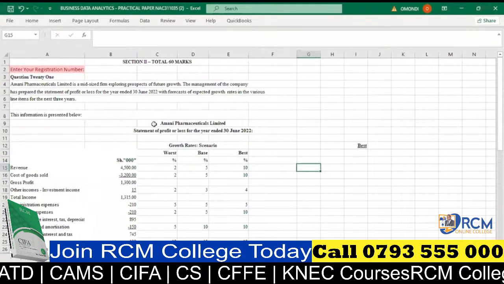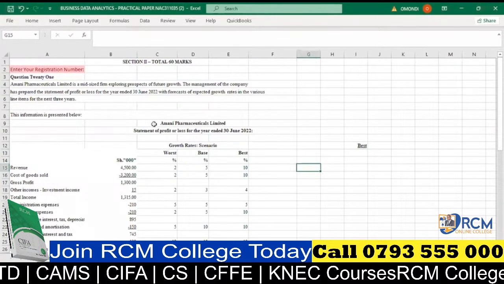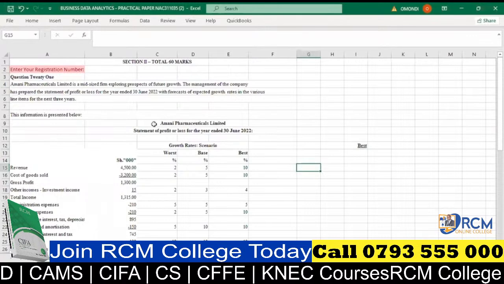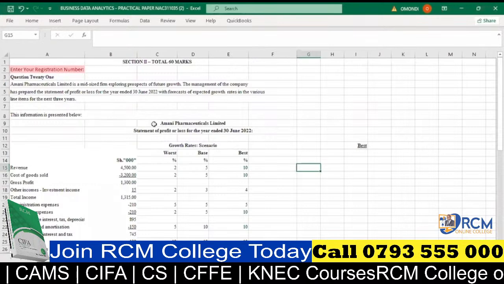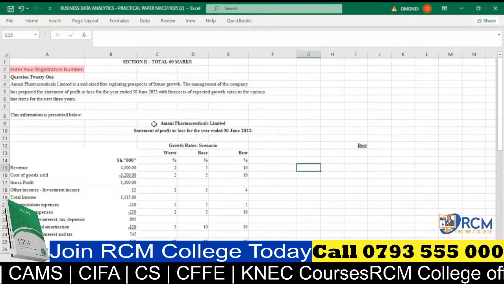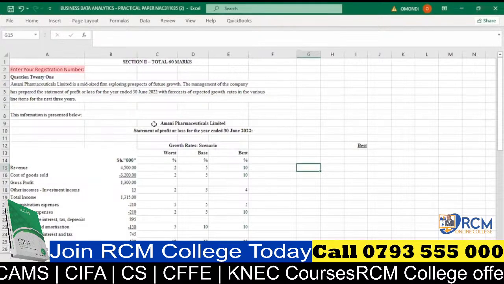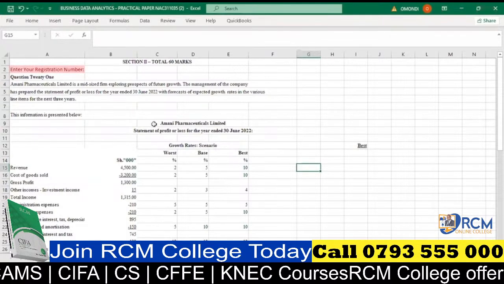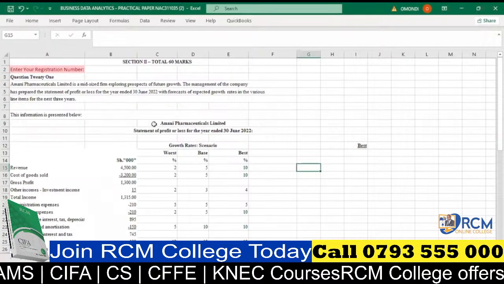Therefore, any choice that indicates Roman 1 is going to be eliminated. So we do away with choice A, and we do away with choice B. Choice D is telling us that all the statements are correct, which is wrong. Therefore, the correct answer is C.